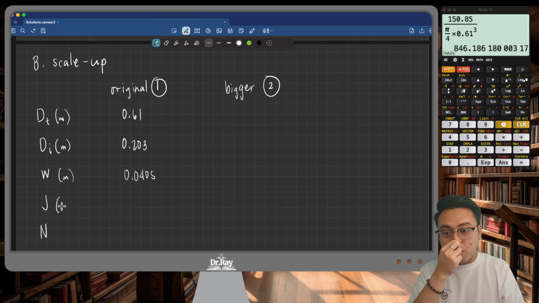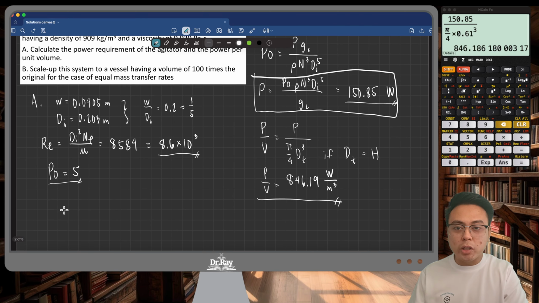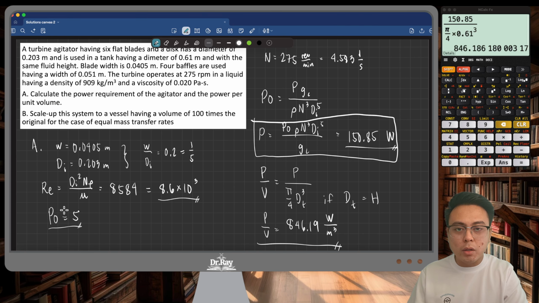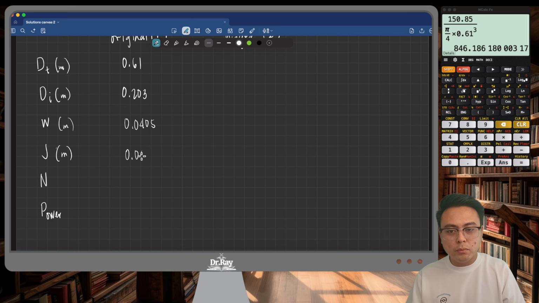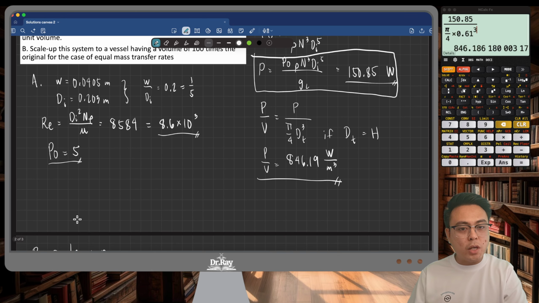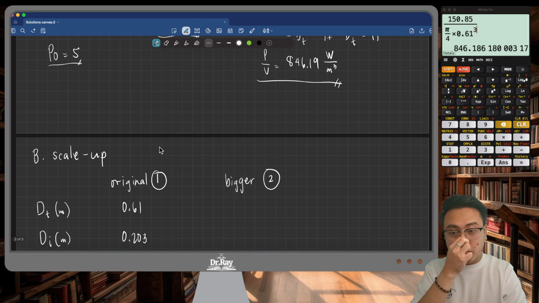Baffle width was also given. So I'm going to include it in our calculation. Baffle width is 0.051 meters. Impeller speed, let's have this as revolutions per minute. It's originally 275. Power in watts, it is, as we calculated, 150.85 watts.